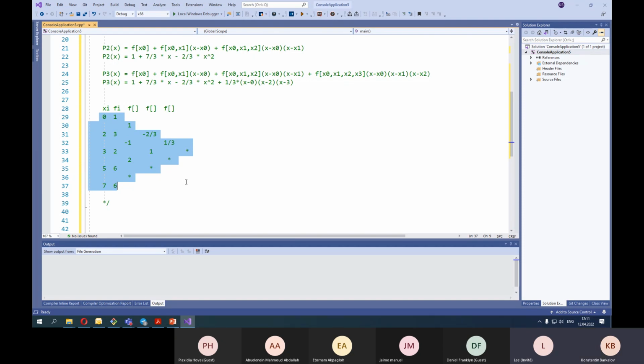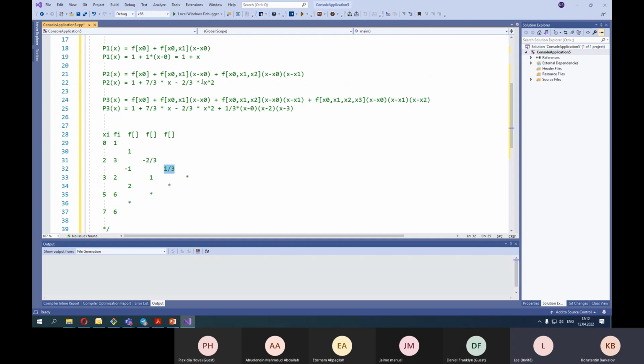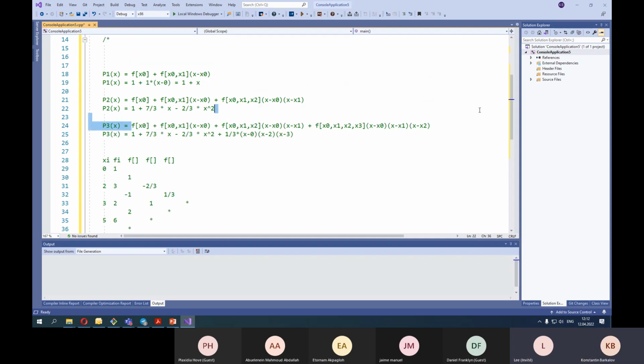And if we have such a table, it's enough to take this row of divided differences and write a polynomial in this general form.